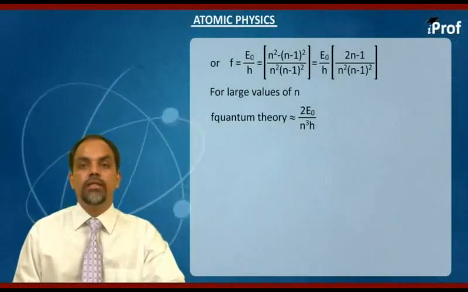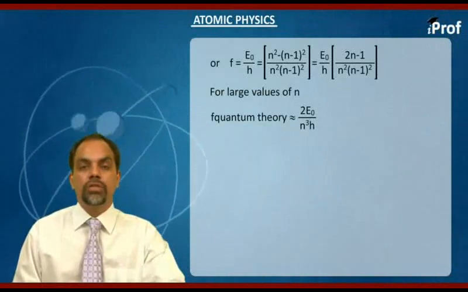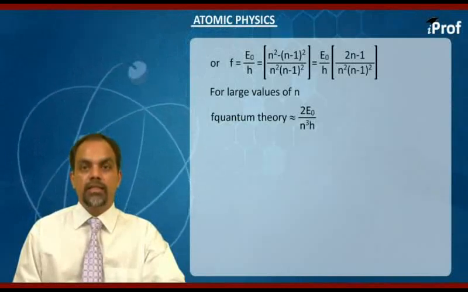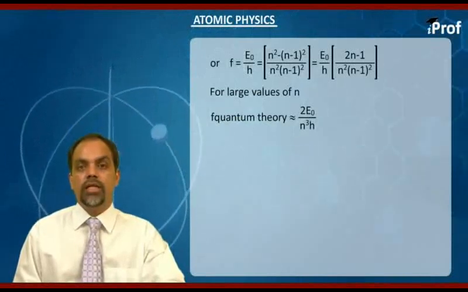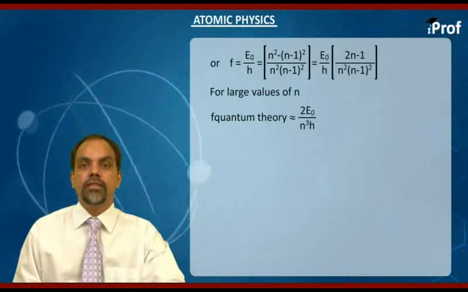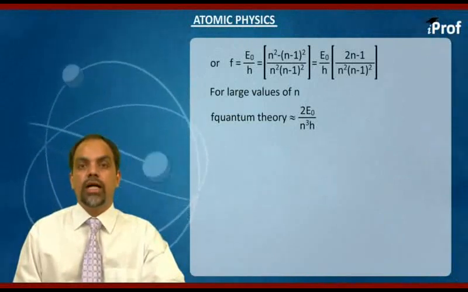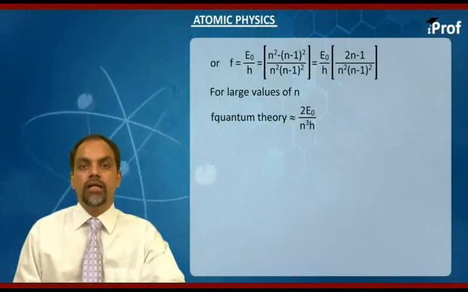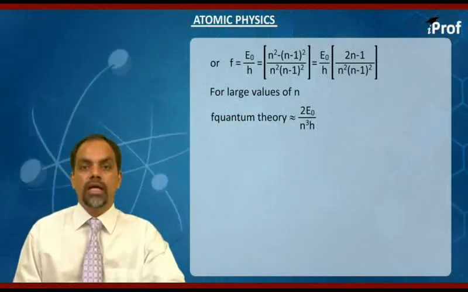That is precisely what we call Bohr's correspondence principle. I repeat again, this principle connects classical theory and quantum theory, and it says that in limiting situations, for large values of the principal quantum number, the result from classical theory and from quantum theory must agree.